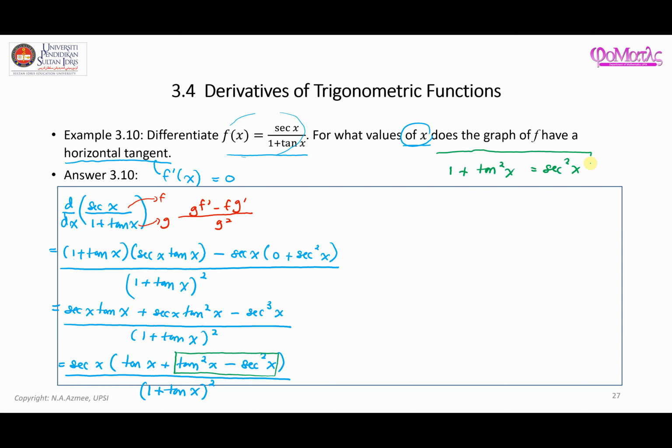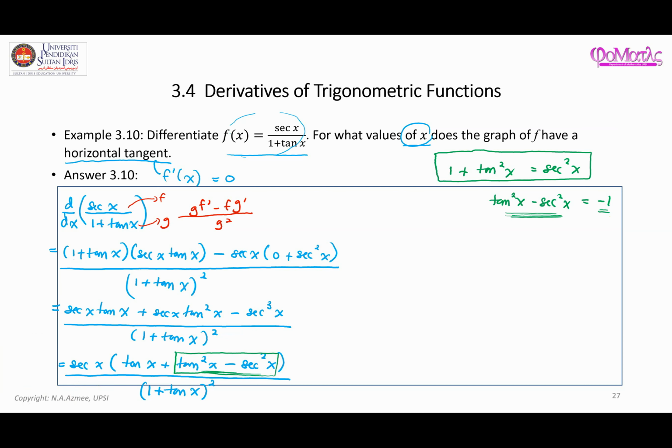You can play around with this equation, and you can write it as tangent squared x minus secant squared x is equal to -1. This is the expression which you are seeing right here, and because of that you will be able to replace this whole thing with the value of -1.